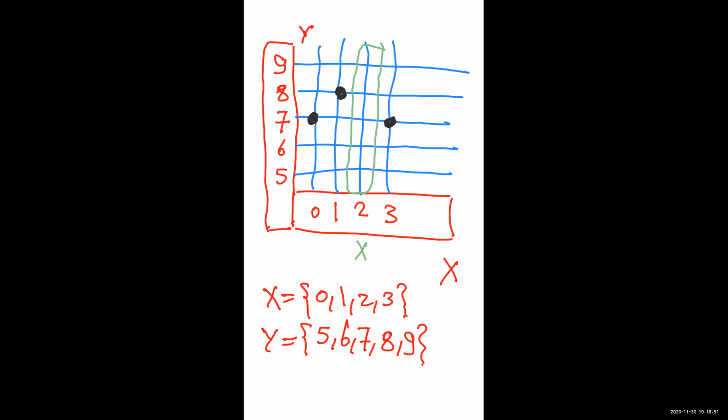One more example like this. If the points are like this, is this one a function or not? It's not a function. Why not a function? Do we have more than 1 point on a vertical line? No, but it's in another line. I don't care about y.